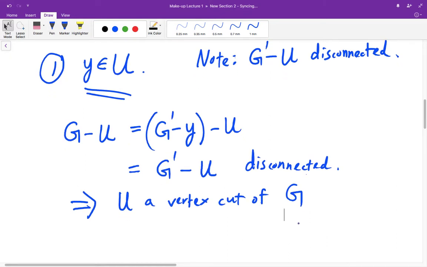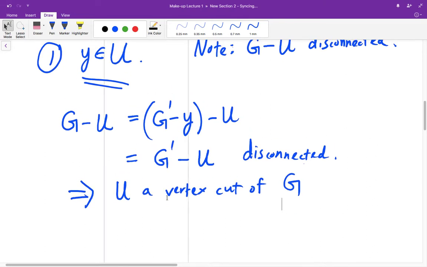So we started with a vertex cut of G prime, and the conclusion here is that U is a vertex cut of G. But what is the graph G? The graph G is k-connected, which means any vertex cut must have size at least k. K-connected means the connectivity is at least k, but connectivity is the minimum size of a vertex cut.